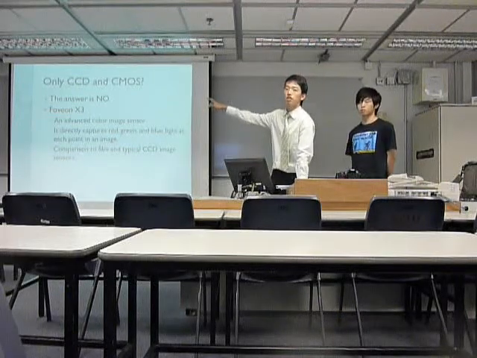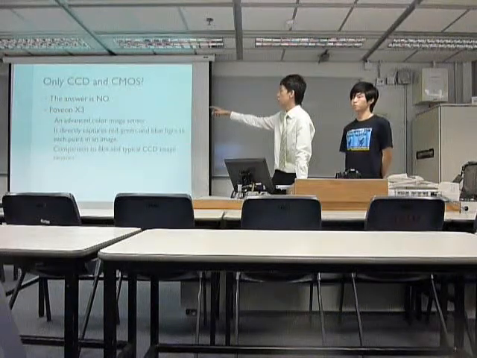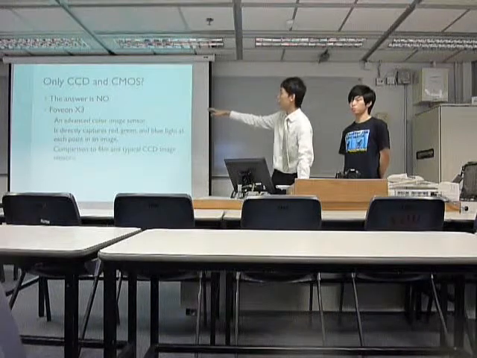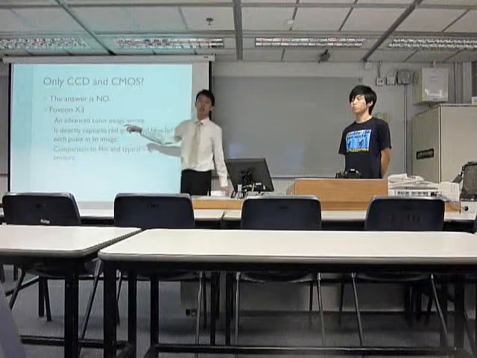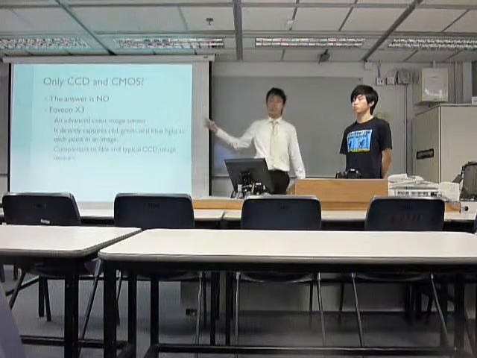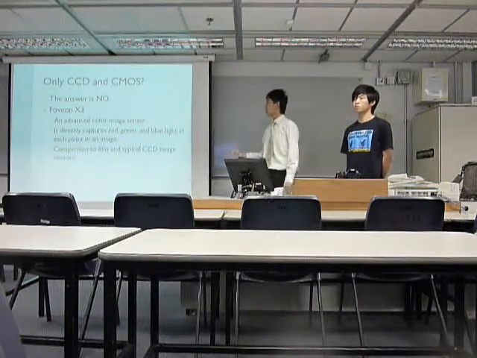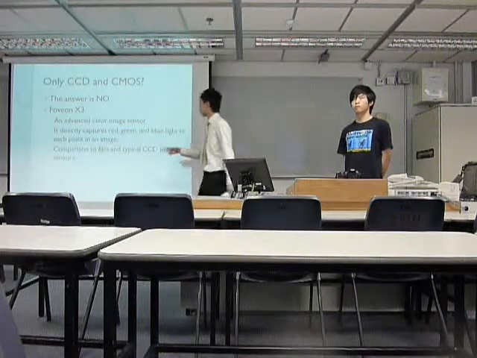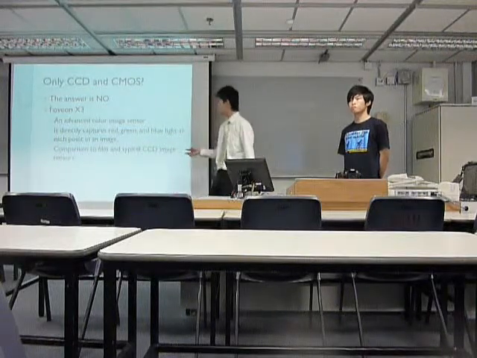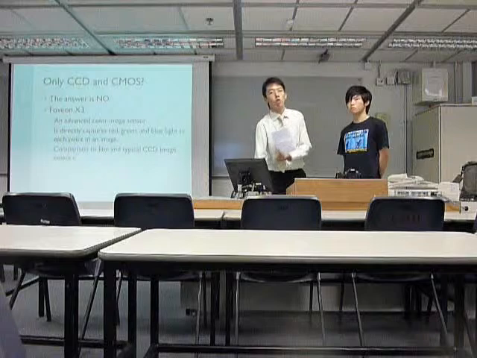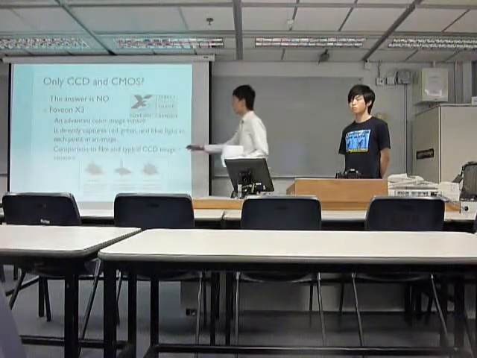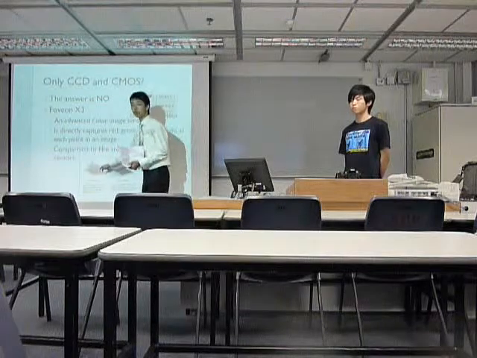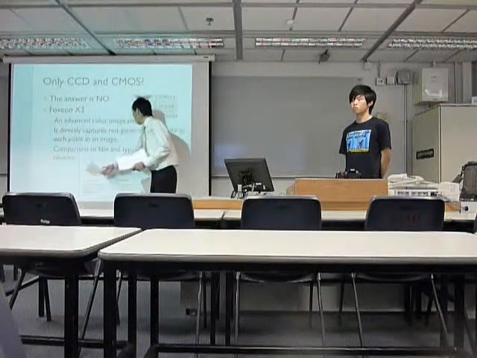There's another advanced image processor dedicated to color images. There's Foveon X3. It directly records red, green, blue light at each point of the image. When compared to film or a typical CCD, it works nicely. Like film, it has 3 layers of RGB filter on each pixel, but a typical CCD only has 1 RGB filter on each pixel.